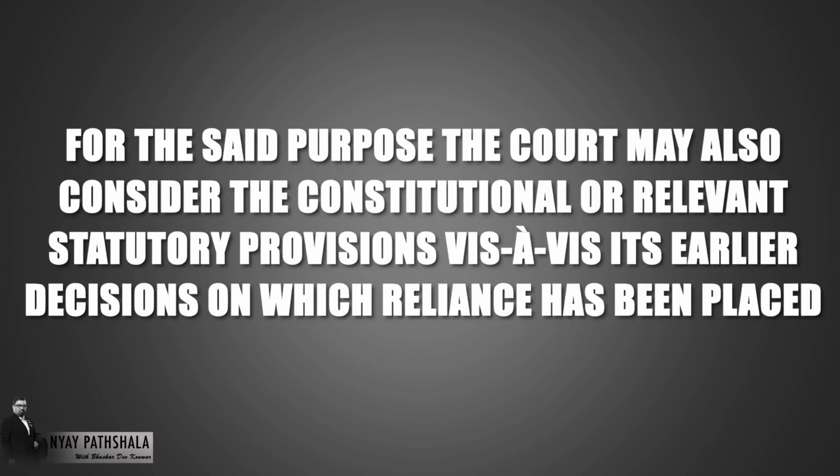The court said that you cannot read some sentences from here and there to find out the intent and purport of the decision, by considering not only what has been said therein, but the text and context in which it is said. For the said purpose, the court may also consider the constitutional or relevant statutory provisions vis-a-vis its earlier decision on which reliance has been placed.